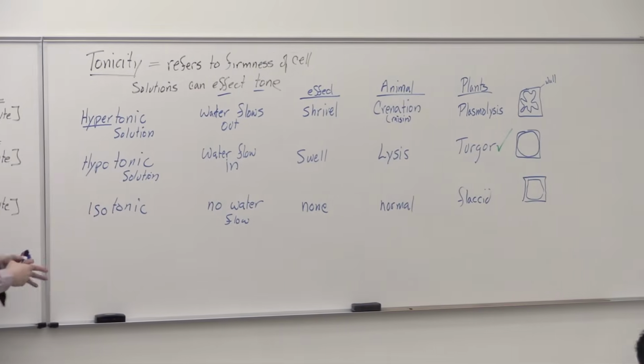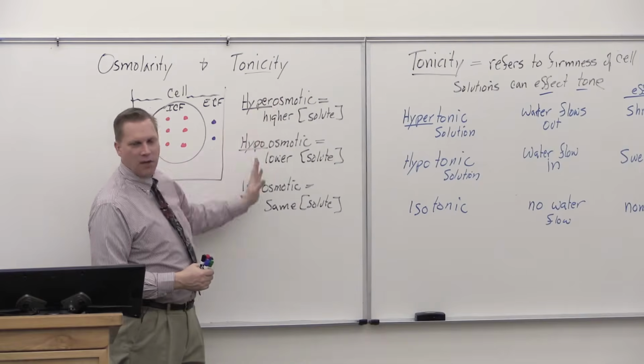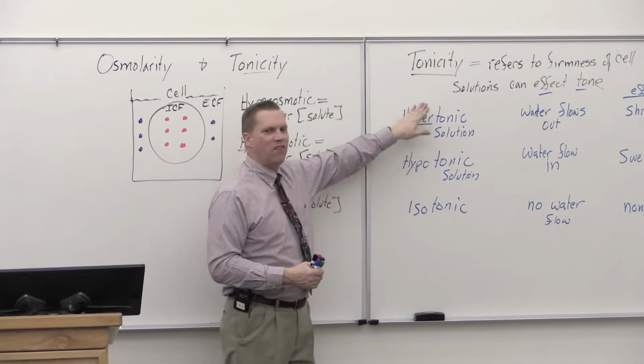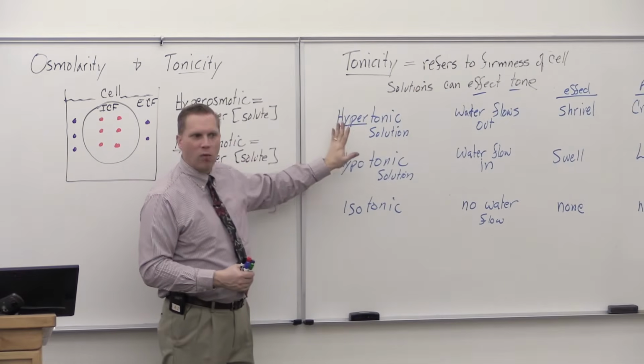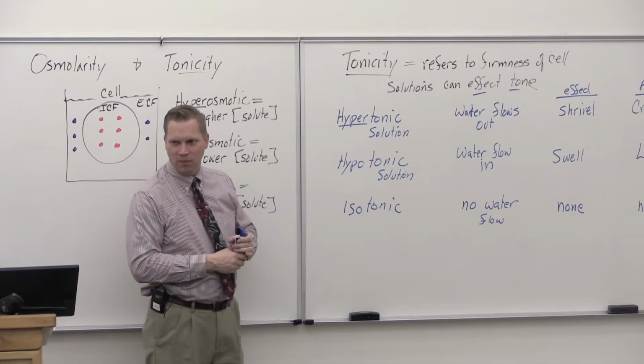So, we've now learned about osmolarity and how we can compare solutions based on the cell. And we've learned about the movement of water and what effect that has on the cell, particularly its tonicity.